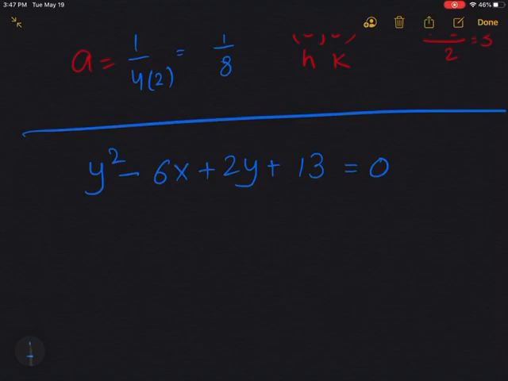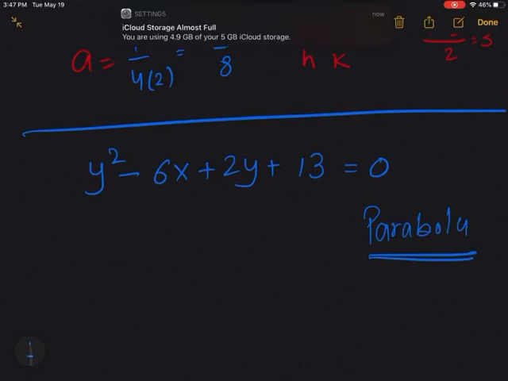Here's the shortcut: anytime just one of the variables has a square on it, it's a parabola. If both are squared, it could be a circle, ellipse, or hyperbola. I'll talk about that later, but right now, since only one is squared, it's going to be a parabola equation for sure. Now we need to make it into a normal-looking equation, or standard form.